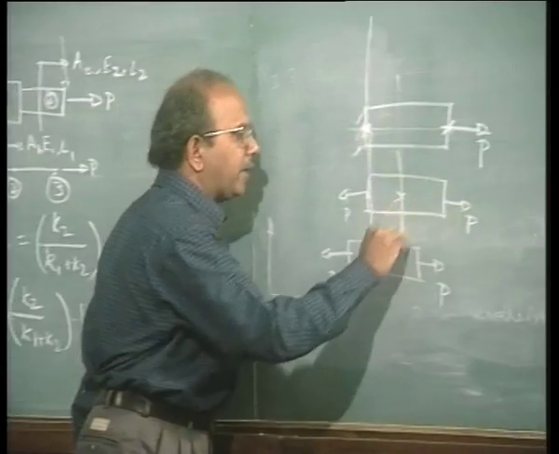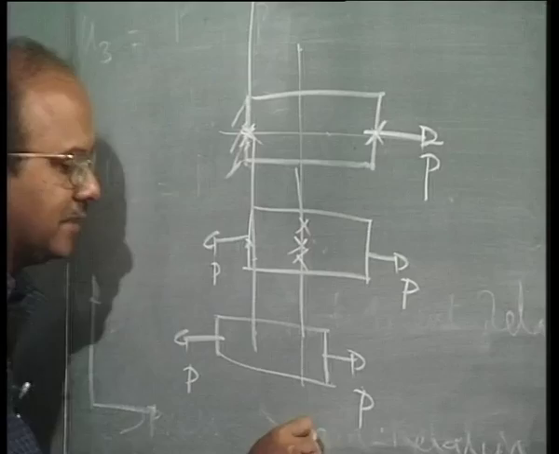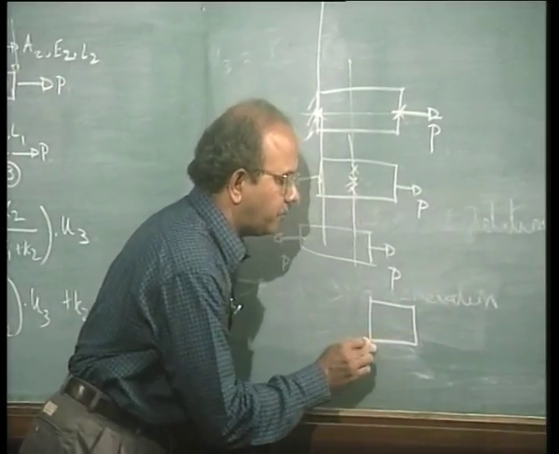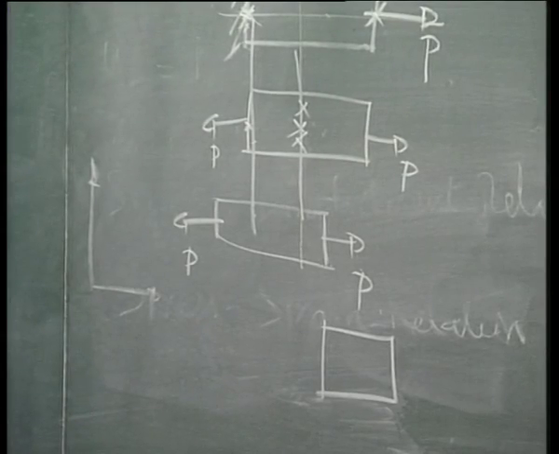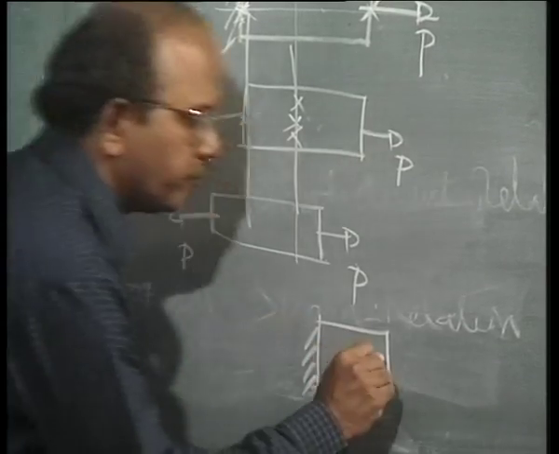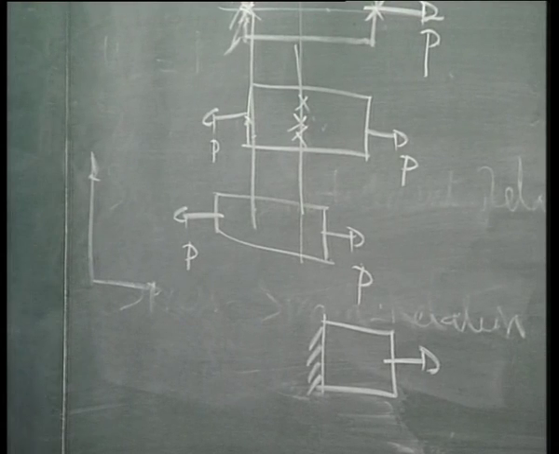So in other words, all these material particles sitting on this line are not going to have any motion, which means that instead of solving this problem, I can take half of the problem, fix this side, and then apply a load here, and then solve this particular problem.